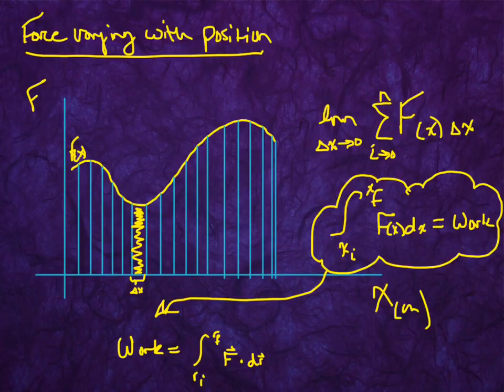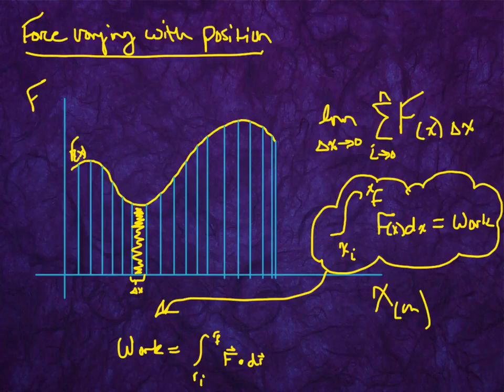Really what happens is, because of the cosine theta part, keep in mind that this is a dot product of our force vector times our change in displacement.